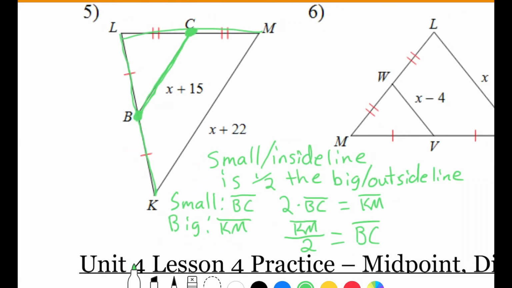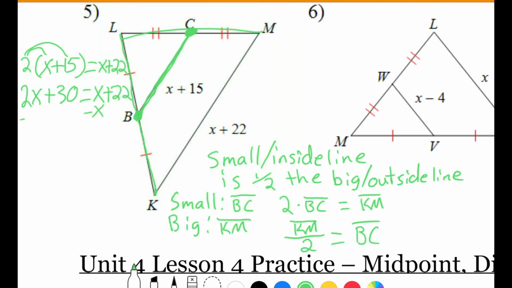So the smallest line is x plus 15, and that times 2 would give us our big line, which is x plus 22. And then I'm going to solve. I'm going to distribute: 2x plus 30 equals x plus 22.